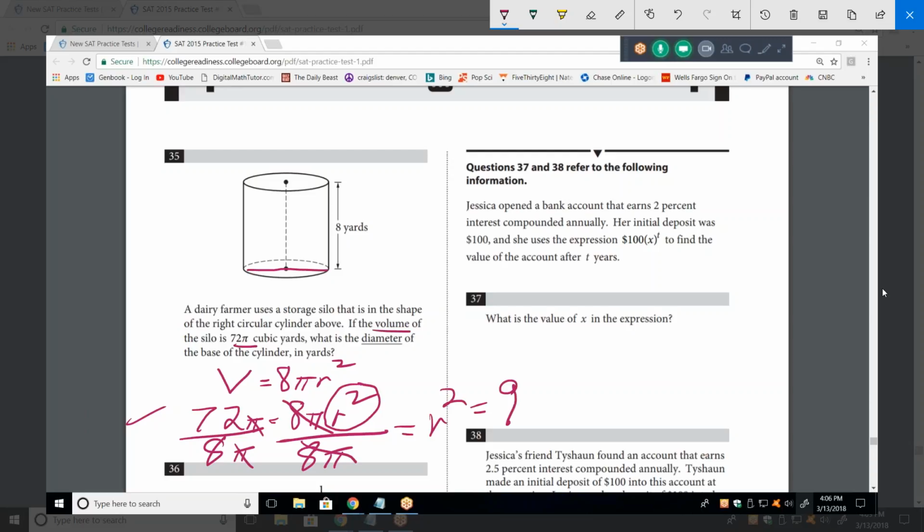What is r equal to? If r squared equals 9, solve that for r. Is 18 squared equal to 9?